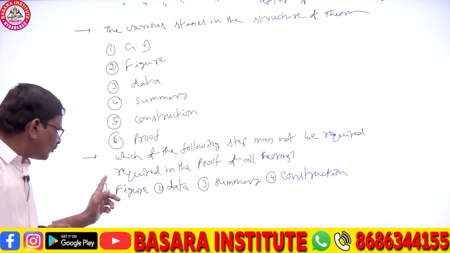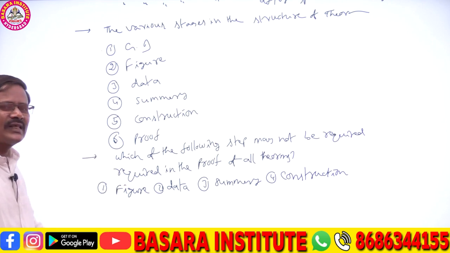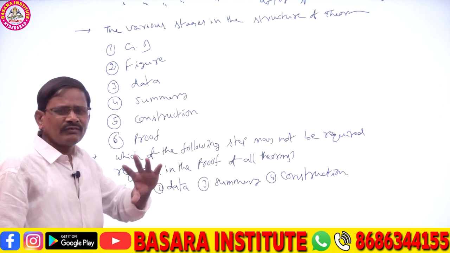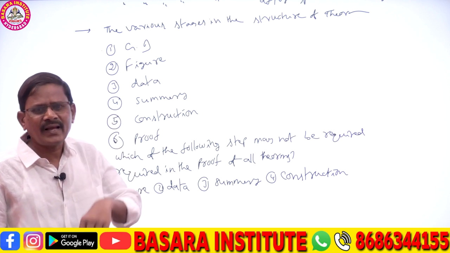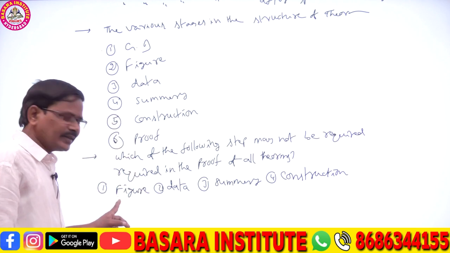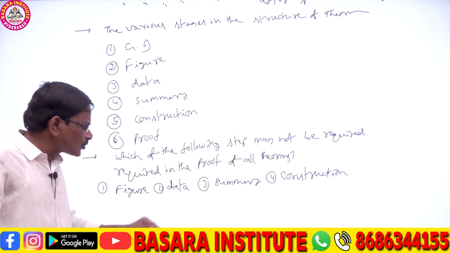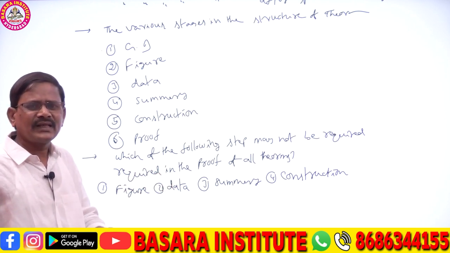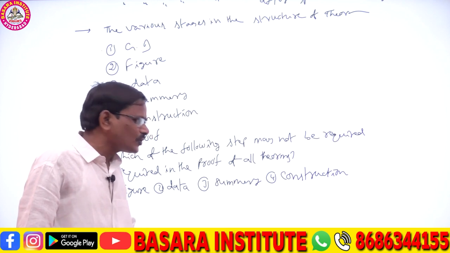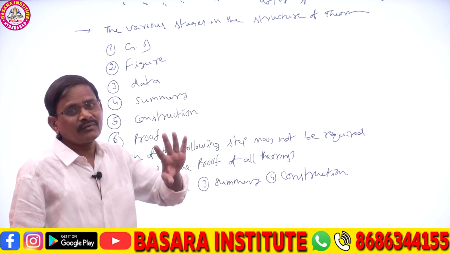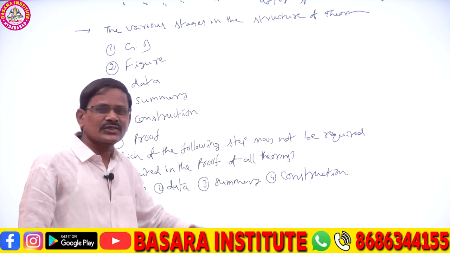When the theorem is given, in the proof of the theorem, first of all we will draw the diagram. So this is necessary. When the theorem is given, data is also there, and summary is also there. But some theorems can be solved without construction.